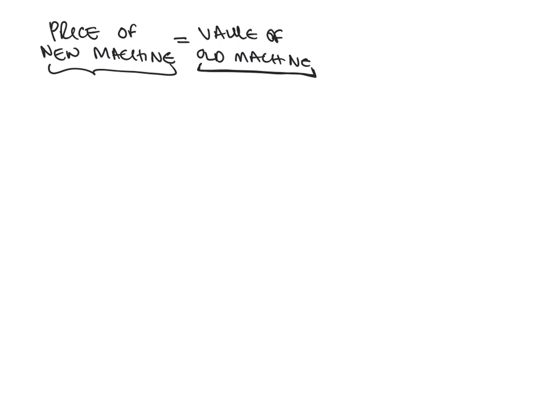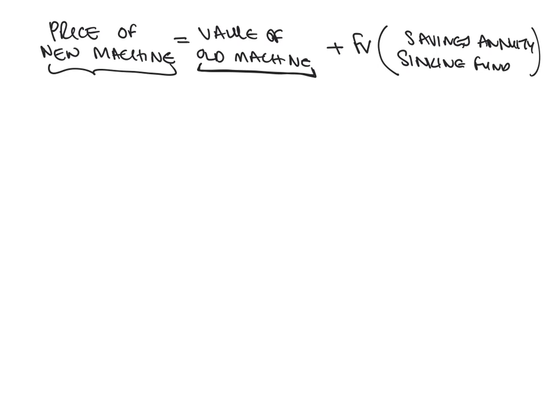But because I will be short of that, I need some other amount of money. And what I've done is I set up a sinking fund, which is just a savings annuity. Okay. And I set up the sinking fund so that I have that shortfall.